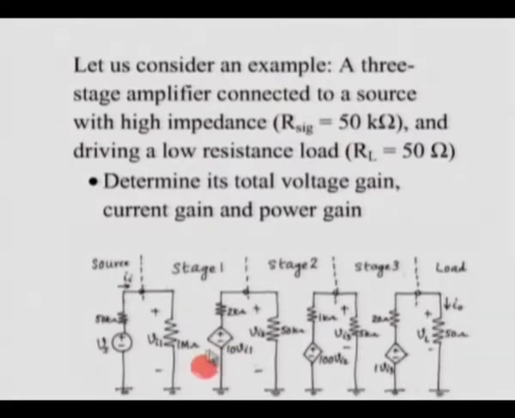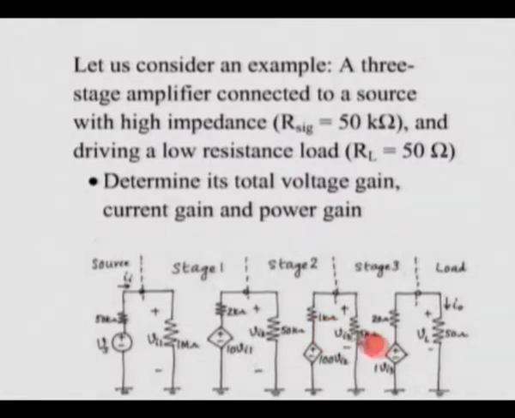First stage had 1 mega ohm, whereas the second stage has only 50 kilo ohms. But this stage has 10 times the gain of the first stage. First stage only had a gain of 10, but this stage has a voltage gain of 100.